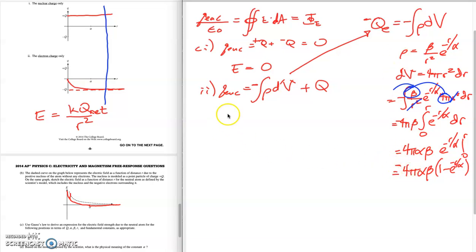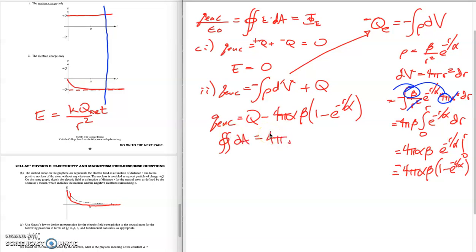It's electrons. So when we come back over here to Q enclosed, we're going to have the nuclear charge minus 4 pi alpha beta times 1 minus e to the minus r over alpha. That is our Q enclosed. Our area for Gauss's law, they told us it was spherical, so that will be 4 pi r squared.